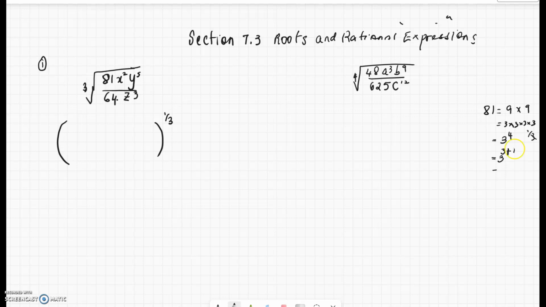The rule of exponents says it's 3 cubed times 3 to the 1.